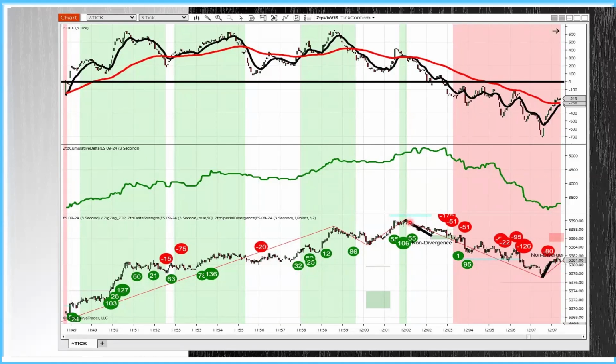At about 12:02, the tick is now, and this is right about here, the 12:02 tick is now living below zero. And that's just after a bunch of large lot options trades basically came in. And this is a trade that we could have planned in advance when price was reversing higher, because we know to expect exhaustion up here as a price pattern.